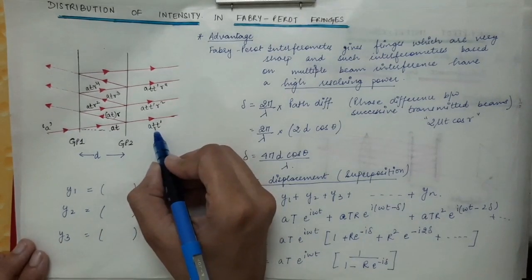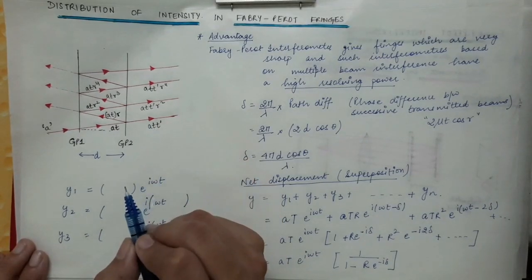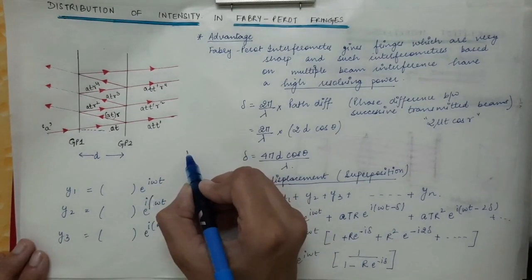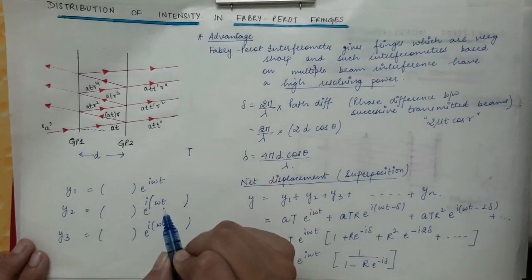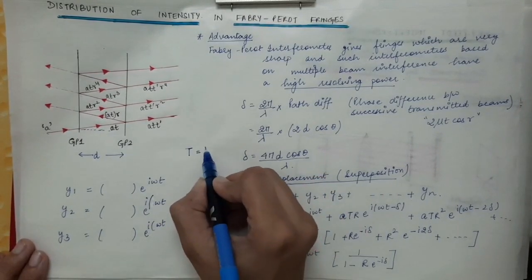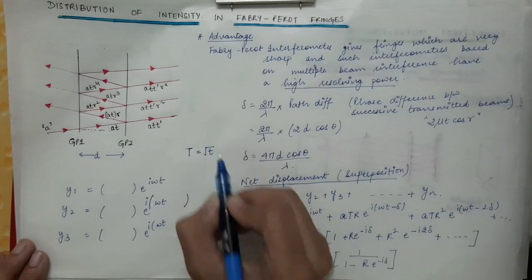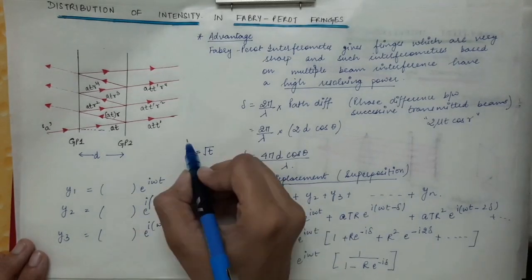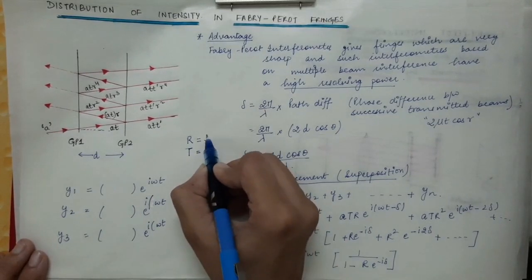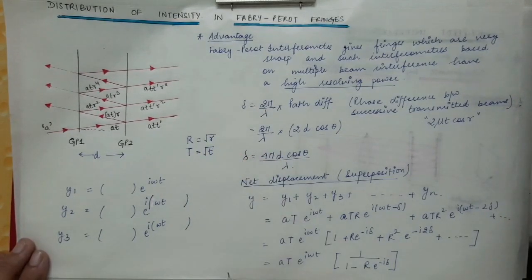And what is this coefficient related to? Transmittivity is given by capital T and is equal to the square root of the transmission coefficient. Similarly, reflectivity is equal to the square root of the reflection coefficient.